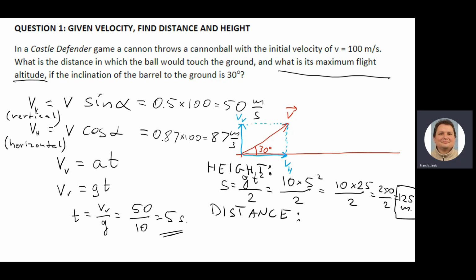But in the horizontal motion, we notice that this is constant speed motion, so the distance, which I will call d, the distance of this motion is very simply horizontal component of velocity multiplied by time. And who knows what I'm missing?